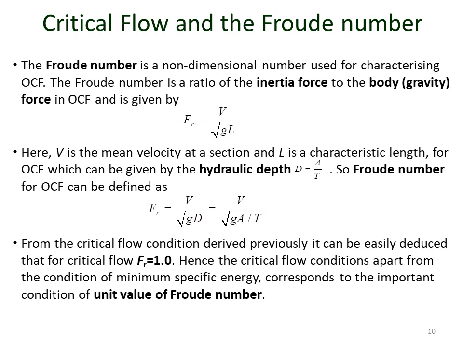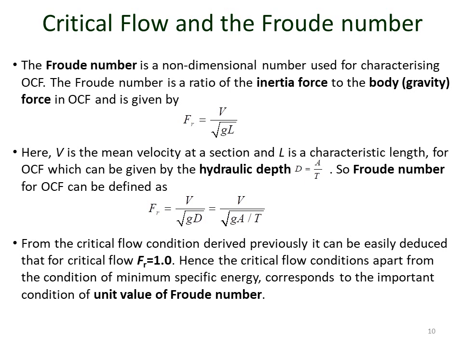So Fr equals V by root under g into L, where V is of course the mean velocity averaged over the cross section. L here is the characteristic length, and we have discussed characteristic length before: the length over which some characteristic of flow changes completely.